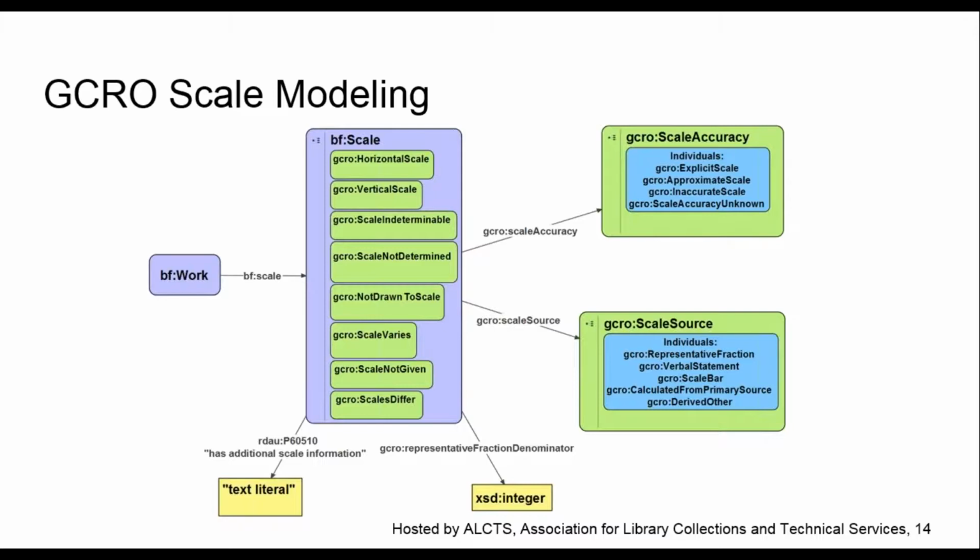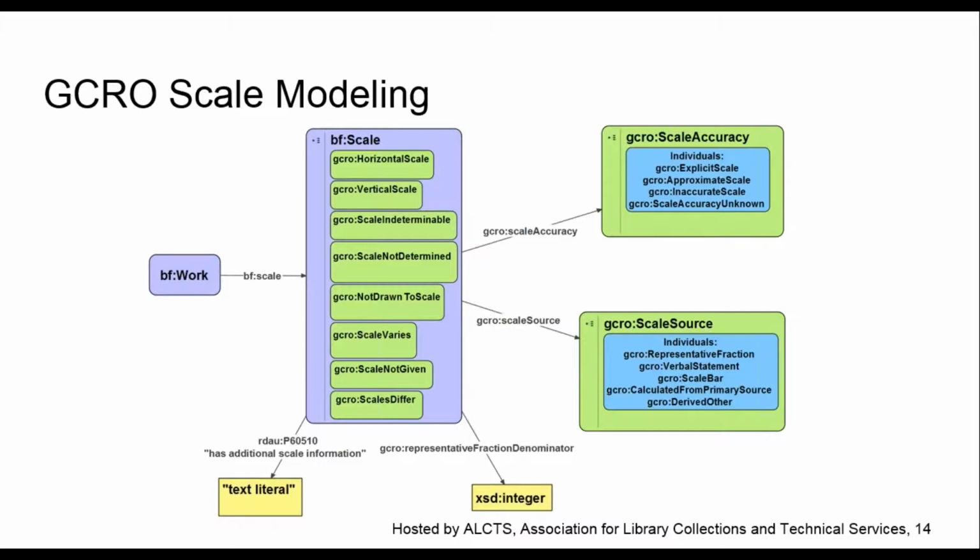Here we have a work resource on the left that has the property BF scale, so we're using the BIBFRAME property BF scale, that is associated with a BF scale object, same as BIBFRAME. However, you'll notice here that under the BF scale object, we've added some subclasses of scale types. So here we have horizontal scale, vertical scale, scale not determined, not drawn scale, etc.